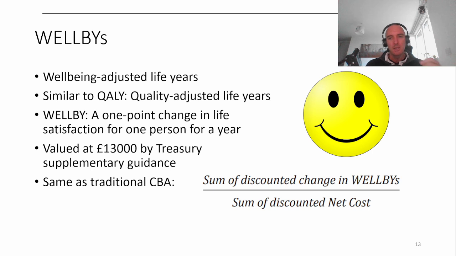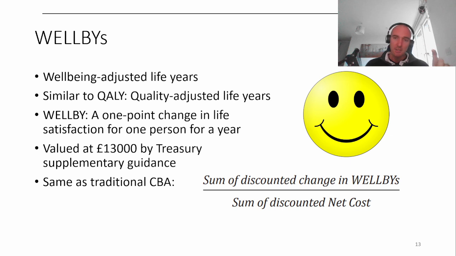All right. So a WELLBY, as I said, is a well-being adjusted life year. It's a very similar concept to a quality adjusted life year, which is a measure that's used in healthcare analysis. A WELLBY is a 1-point change in life satisfaction, so moving someone from a 5 to a 6 for one person for 1 year.